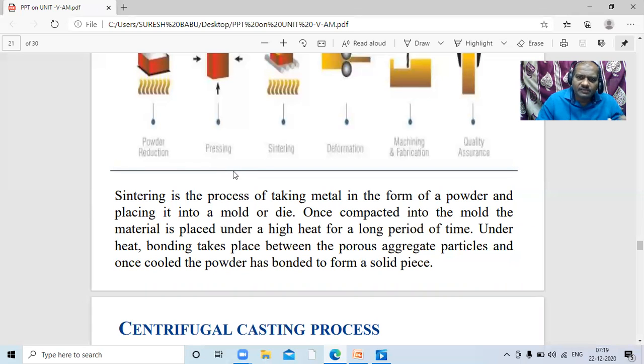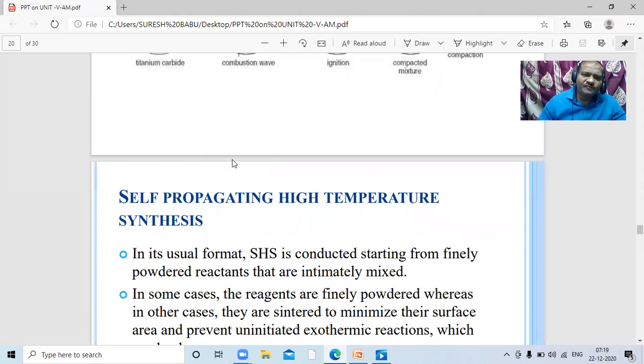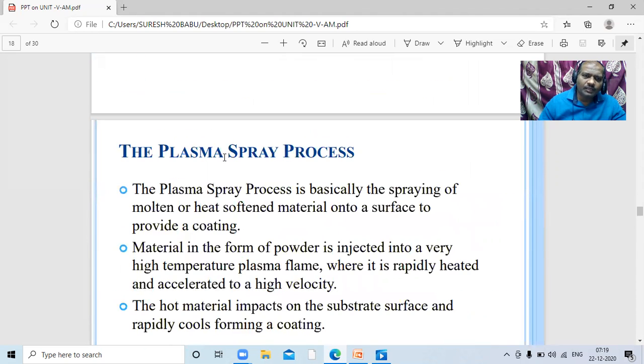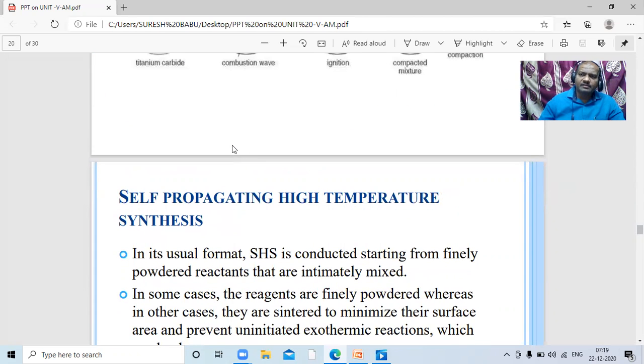Thin coating is done: one is the physical vapor deposition method, PVD, and the other is the chemical vapor deposition method, CVD. I have explained what CVD and PVD are. Second, I have explained self-propagating high temperature synthesis, one method. Before that, we went through the plasma spray process. And the third one is the powder metallurgy technique. So these are the three methods I have explained.